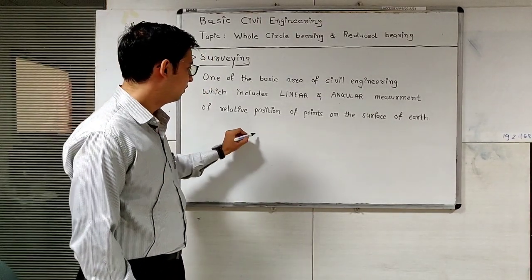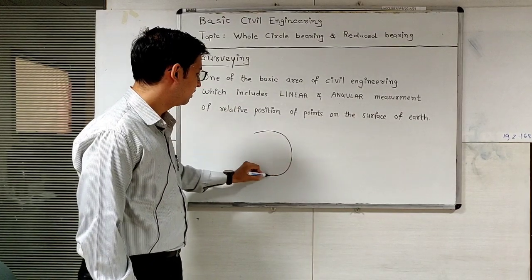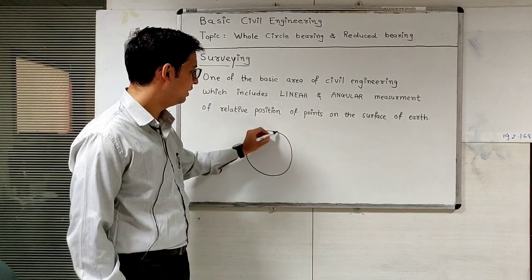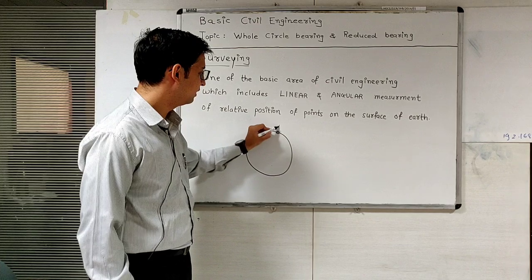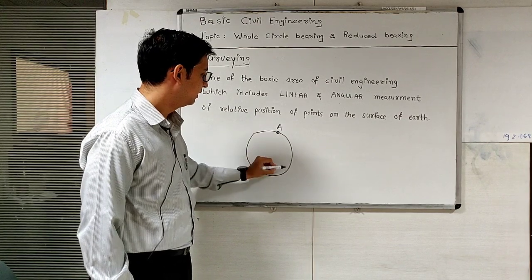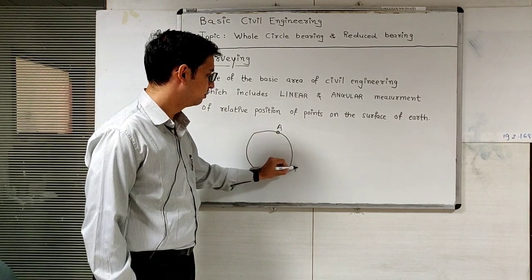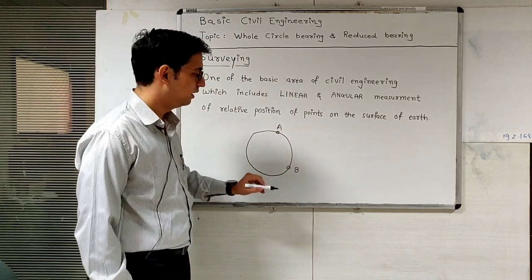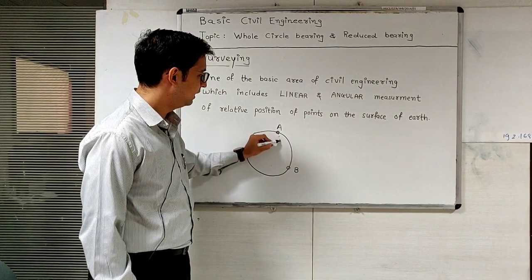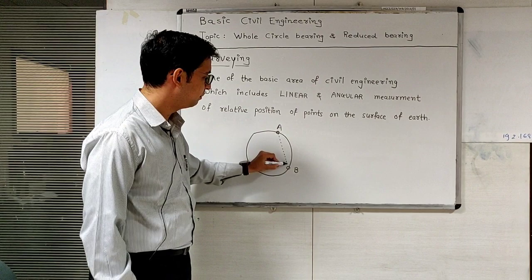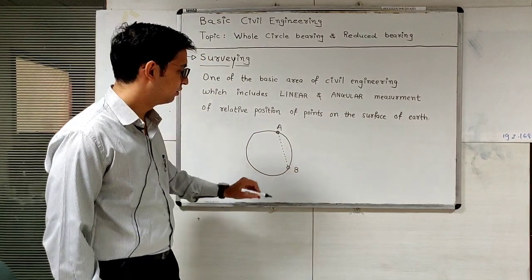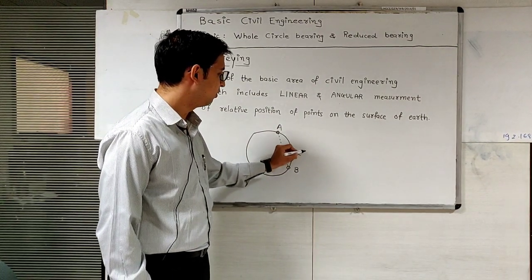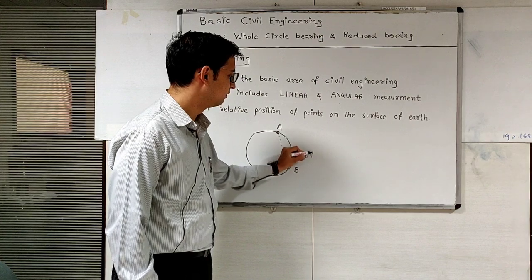For that, draw the earth surface, in which we indicate point A and point B. If we extend these A and B points by a straight line, this straight line will be called the linear distance.